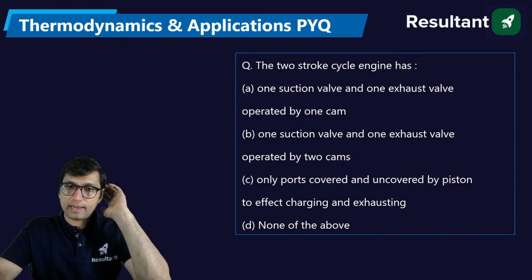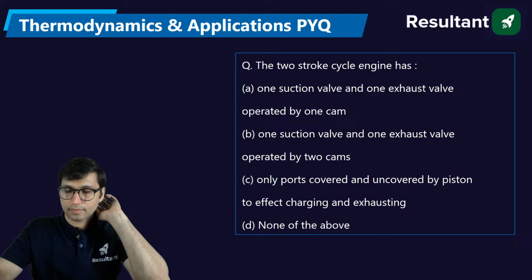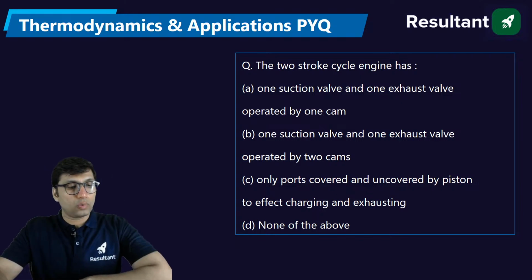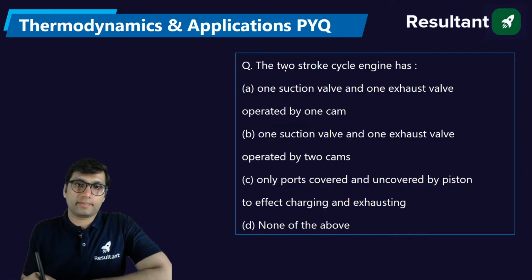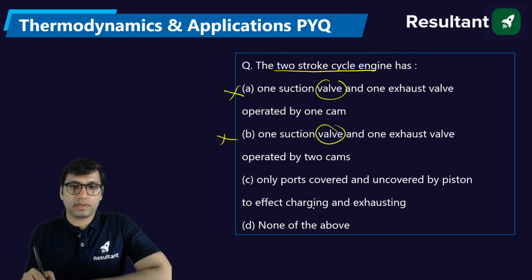The two-stroke cycle engine has, basically, no valve. Valve is not present. Valve is basically part of a four-stroke engine.